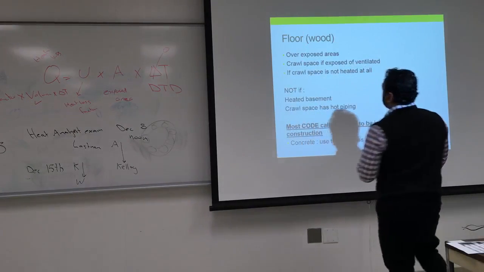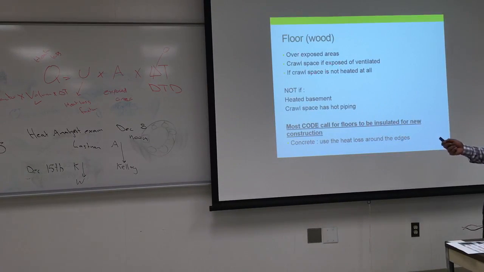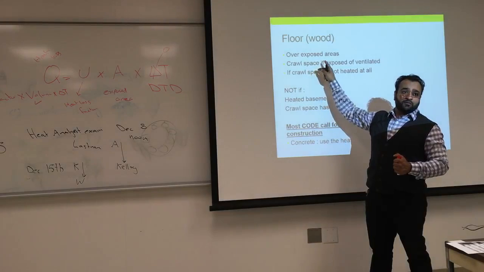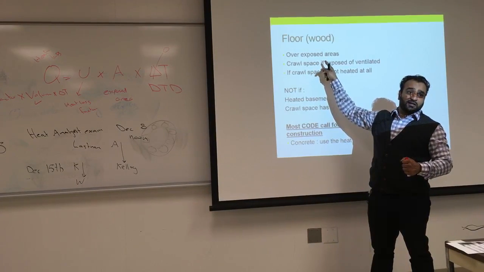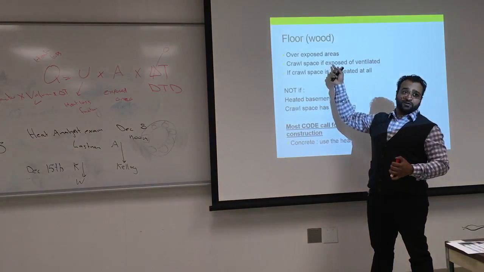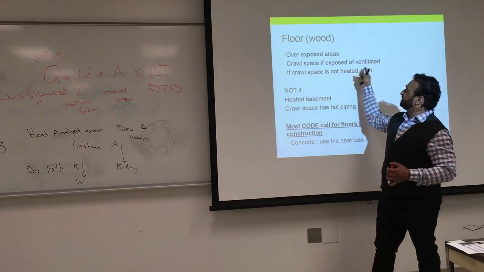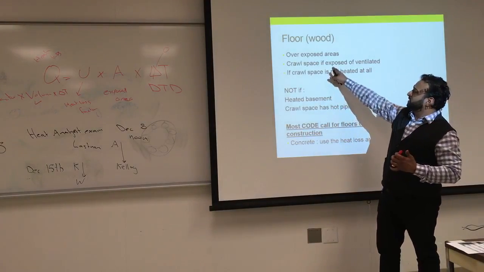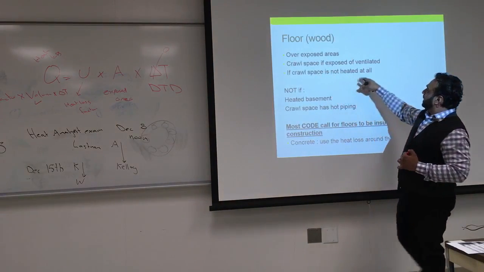Floors, wood floors, overexposed area, crawl spaces if it's ventilated. A lot of new houses have crawl spaces, they don't have basements, because it's cheaper. You have to consider it unheated, especially if it's vented. If you're going through it, then you have to consider it as cold space.